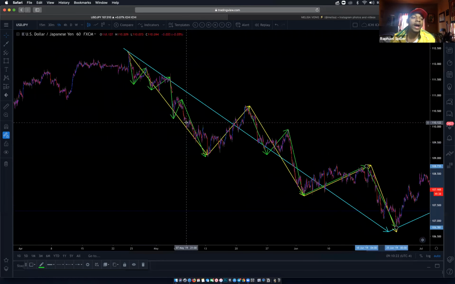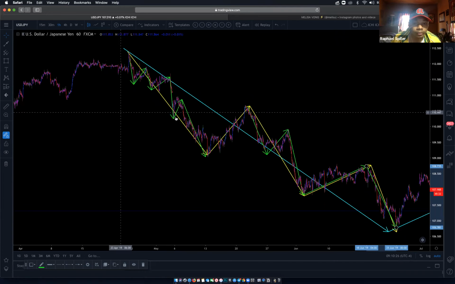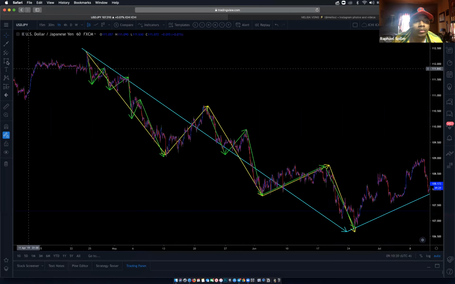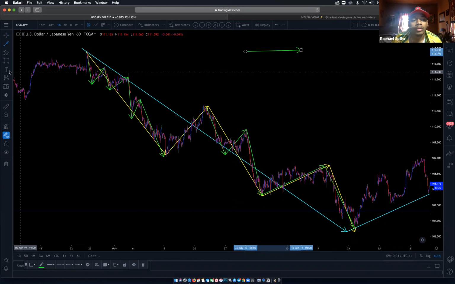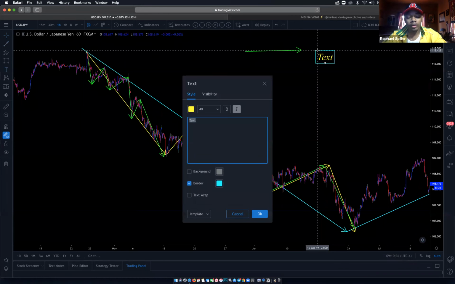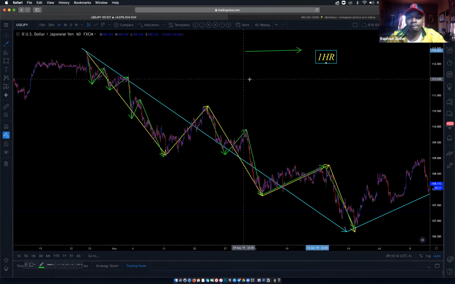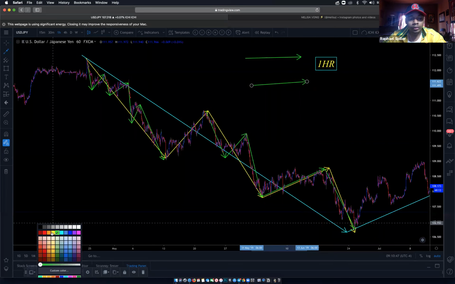Do you see how on each color, the green is the 1 hour, right? The yellow is the 4-hour.